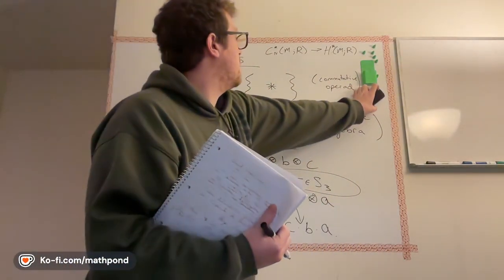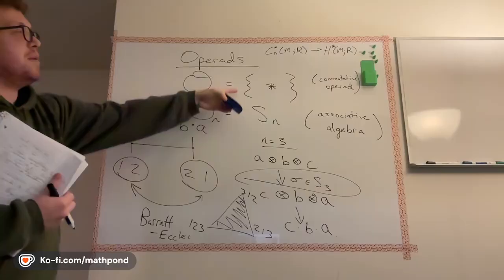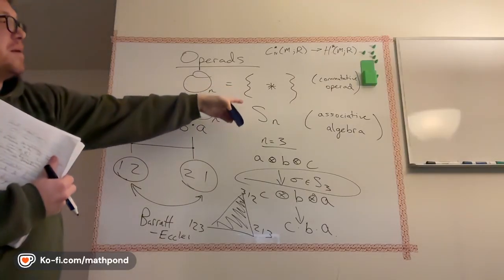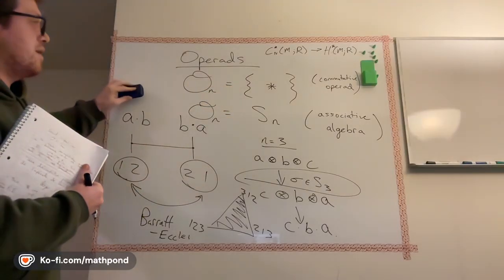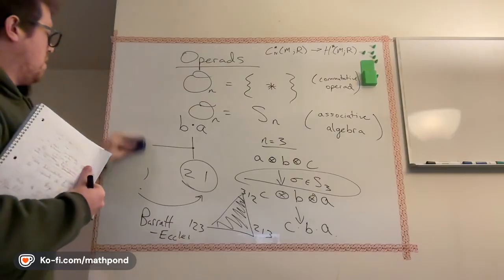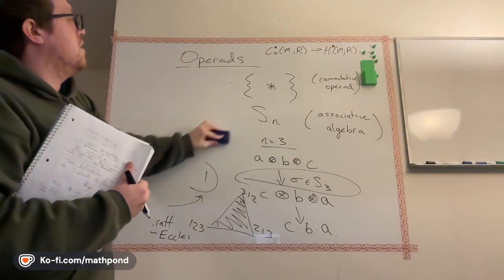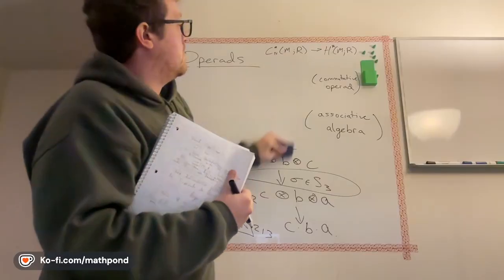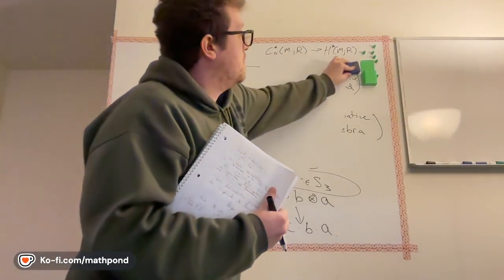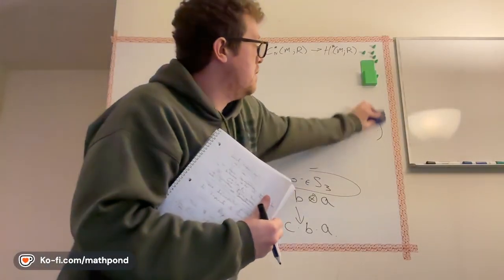So let me just summarize that. We have these discrete operads, commutative operad, associative algebra operad, but then we can also upgrade it to a spatial notion, which is what we'll need to deal with this problem.